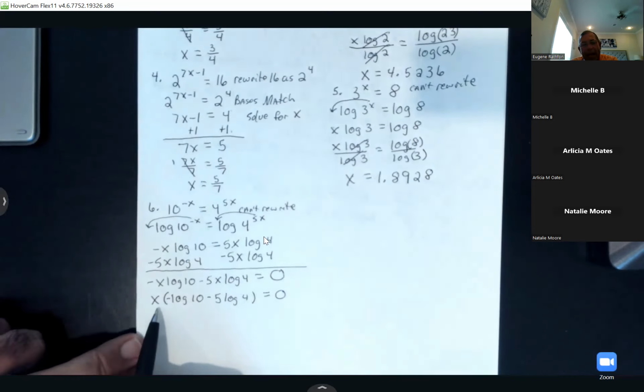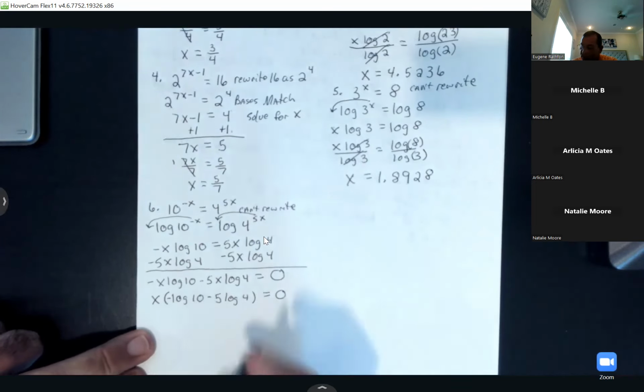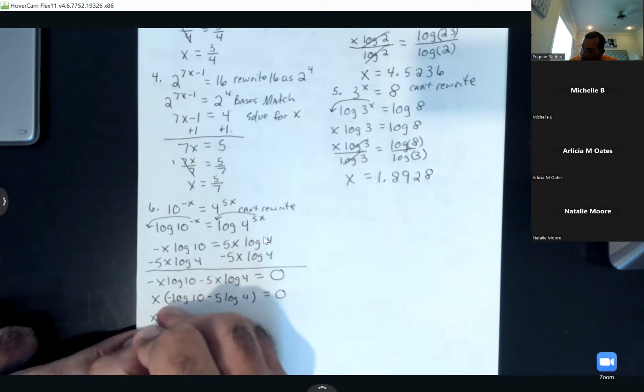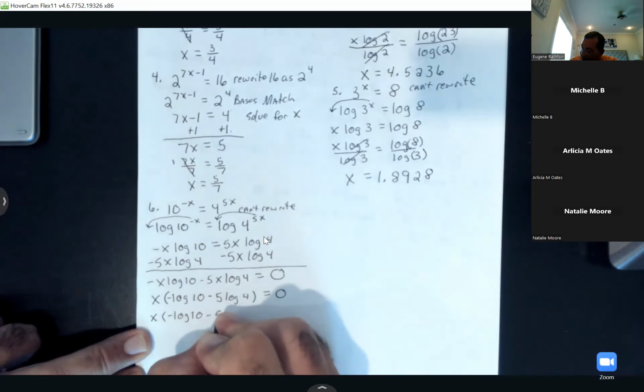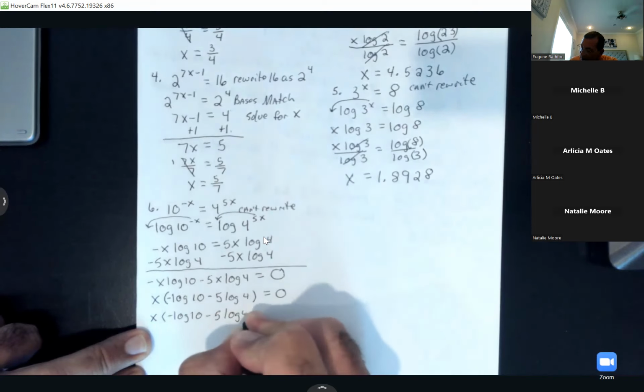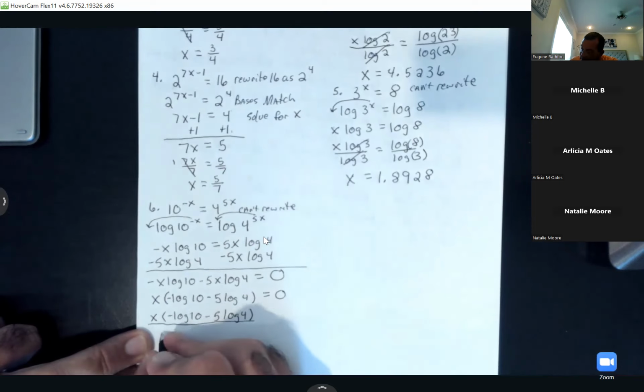So if we want this x by itself, since that x is being multiplied by everything in parentheses, we're going to divide both sides by these parentheses.